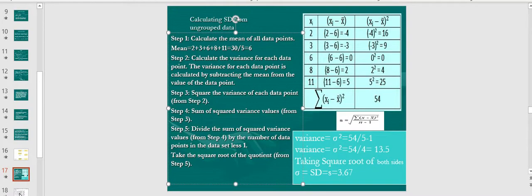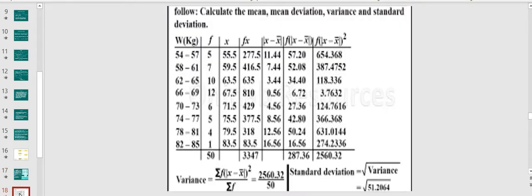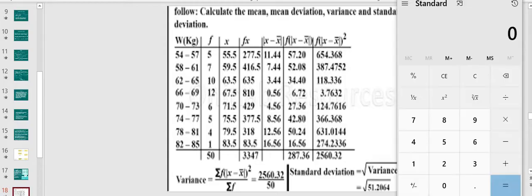Now we will calculate these two values, the variance and the standard deviation, from the grouped data. We will calculate standard deviation, variance, and mean from the given set of data, which is the grouped data.